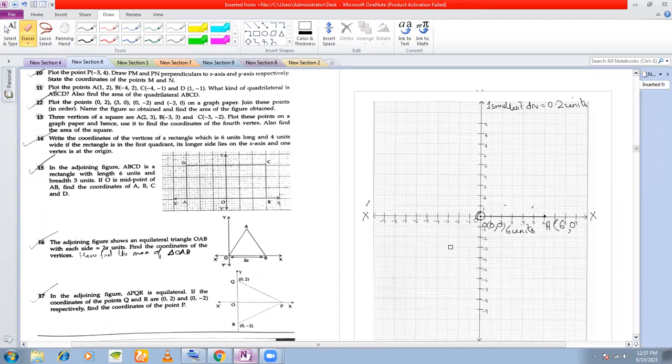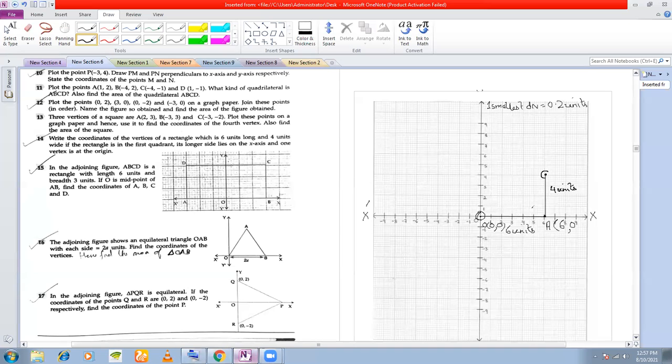What is the breadth given here? Breadth of the rectangle is given as 4 units. So from A, since it lies in the first quadrant only, we draw a straight line till 4. Why till 4? Because the breadth is 4 units. All of you agree? Yes, sir.